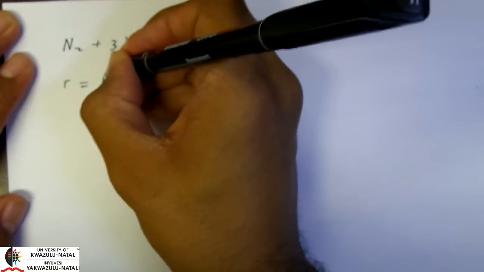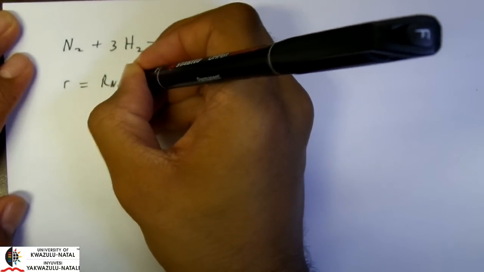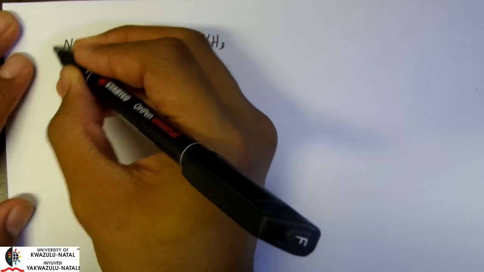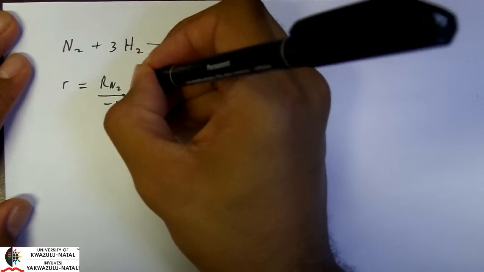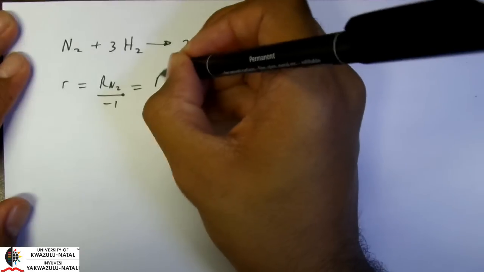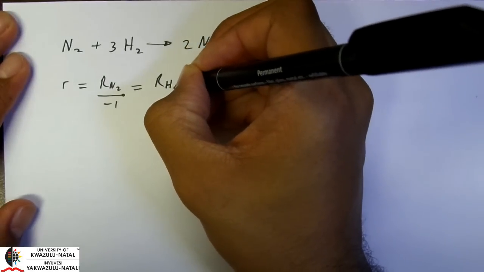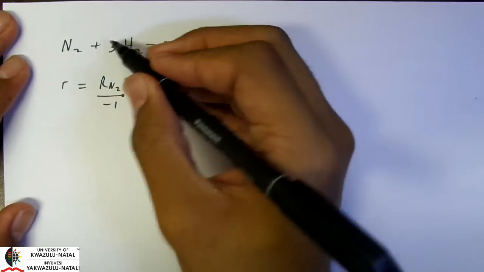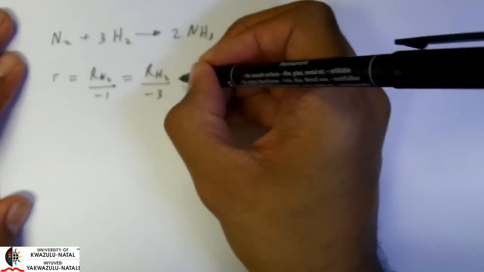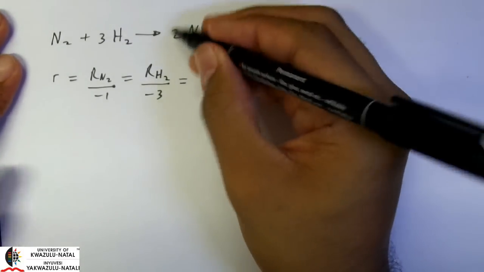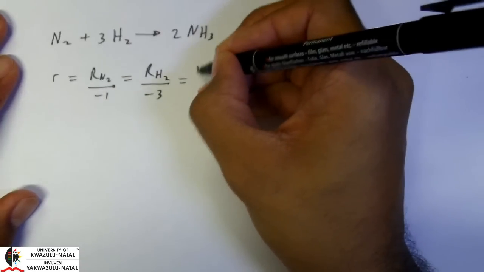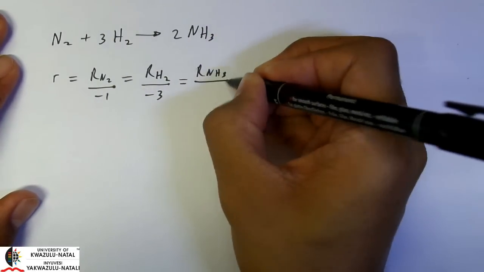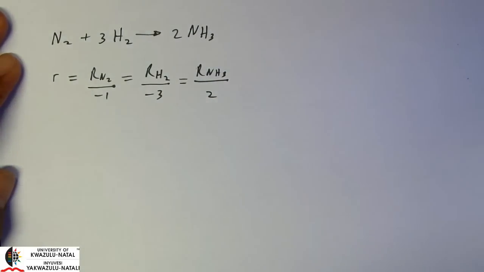R will be our consumption rate of nitrogen over -1 because we have a stoichiometry of 1. It can also be equal to the consumption rate of hydrogen over -3 because our stoichiometry is 3. Or if we are expressing it in terms of the product, it would be the production rate of ammonia divided by 2.